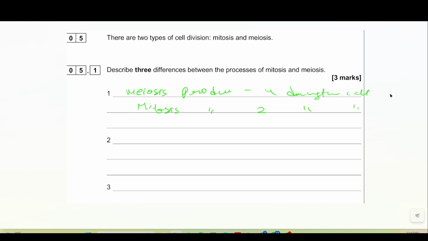You can write that the daughter cells in mitosis are diploid. Diploid means two sets of chromosomes.